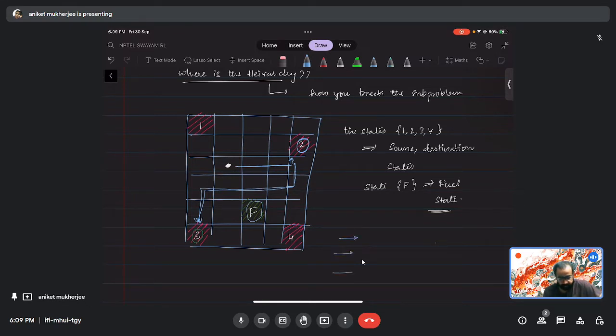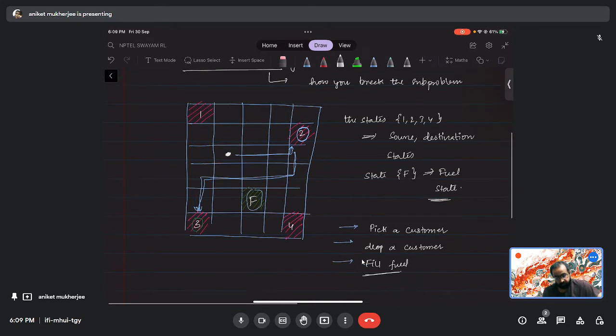The 3 hierarchical steps are: pick a customer, drop a customer, and fill fuel. These are the 3 hierarchical tasks this could be divided into.